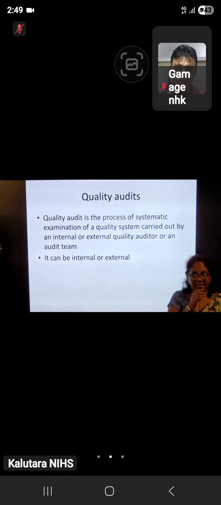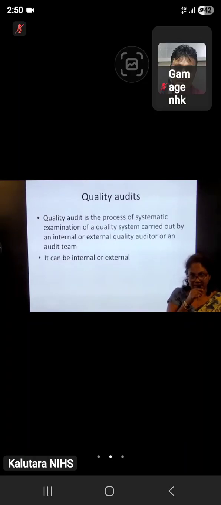Examination. They don't give material as what? In external quality assessment, they don't come to your laboratory. They send only a specimen or the isolate. But in an audit, the group of people come to your laboratory and examine your quality process.